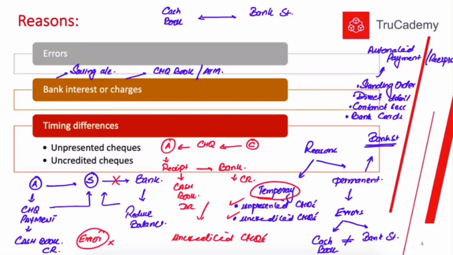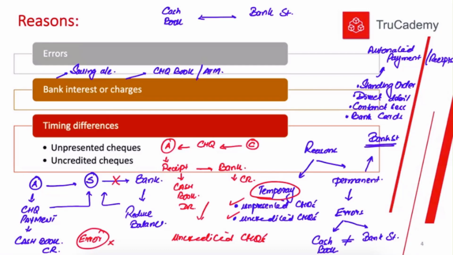For unpresented checks, you already recorded them in the cash book as a payment, but the bank didn't reduce the balance yet. So reduce the actual balance and see whether your cash book and bank statement balances match up or not. For uncredited checks, recorded as a receipt in the cash book but the bank didn't increase the balance, increase the balance and see whether your cash book and bank statement match up or not.